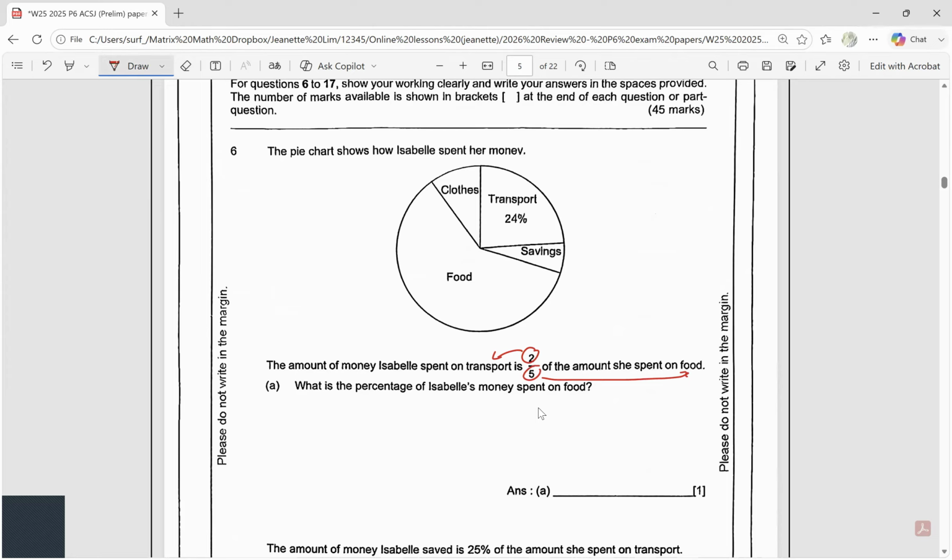So transport is 24%, so 2 units is 24%. You want to find food, that's 5 units. So 1 unit, we divide by 2, which is 12%. Then 5 units is 12% times 5. Okay, so 60%.